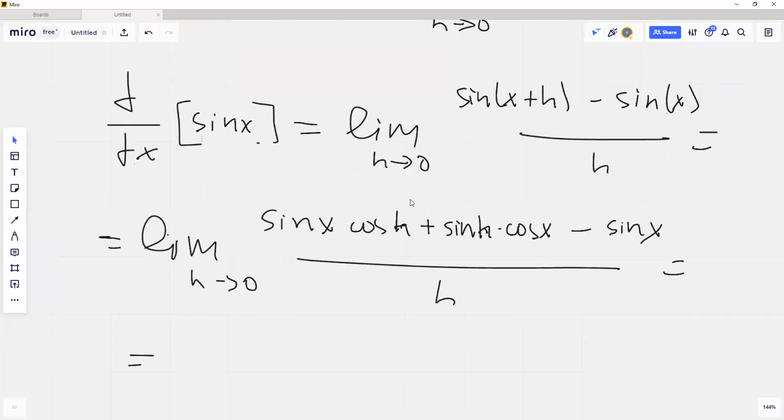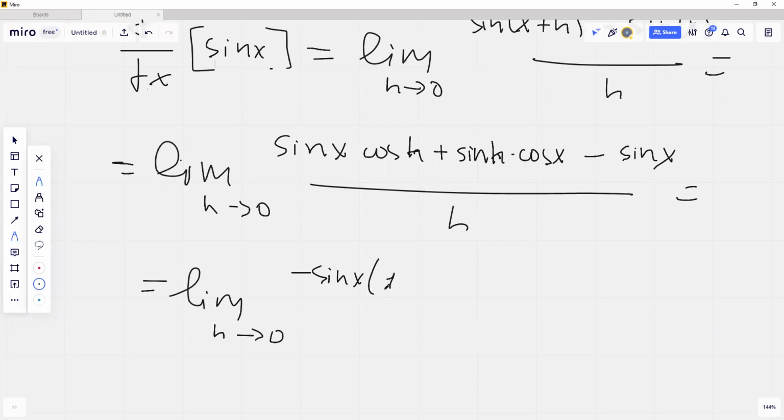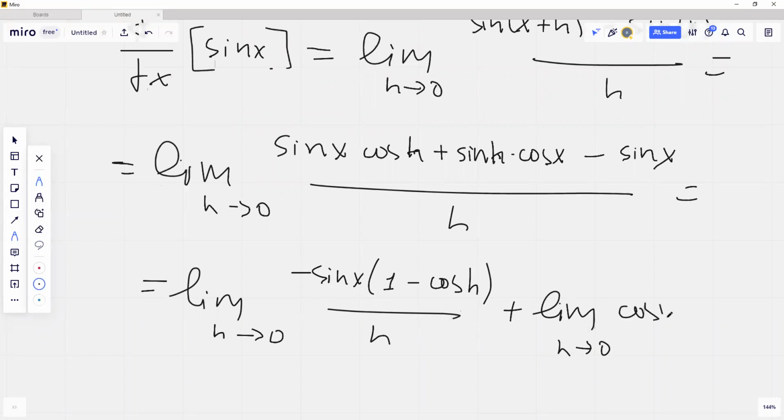Now let's group the first and last term, and let's factor out minus sine of x. So this is minus sine of x times 1 minus cosine of h divided by h. And the second limit is the limit when h is approaching 0 of cosine of x multiplied by sine of h over h. So we brought them into the following form.